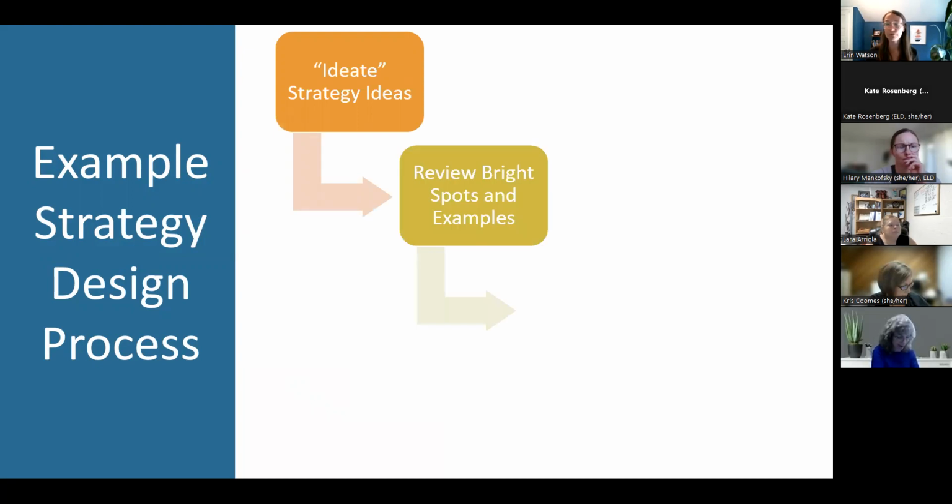You get them to review bright spots in your community, things that are already working to address those root causes that people might not even realize are really good ideas, as well as other examples we see across the state, across the country, and internationally, to enhance the ideated strategies.